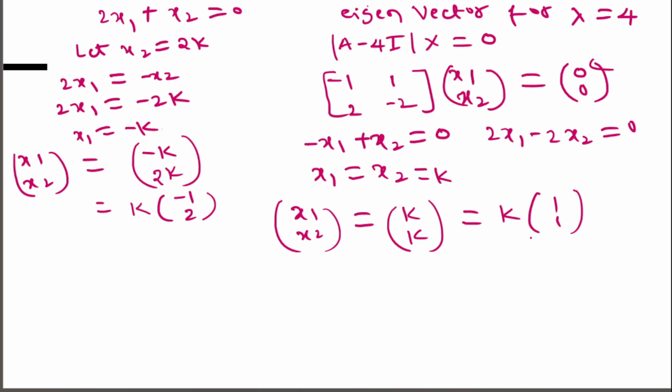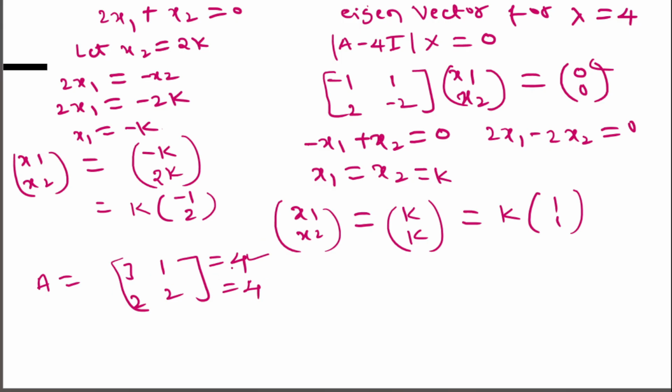Here one trick is there. What is that? The matrix is A equal to 3 1 2 2. Here its row sum is 4, 3 plus 1 is 4, and 2 plus 2 is 4, which implies that 4 is the eigenvalue of this matrix.